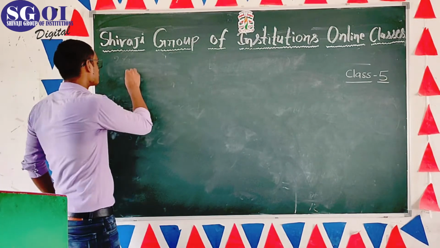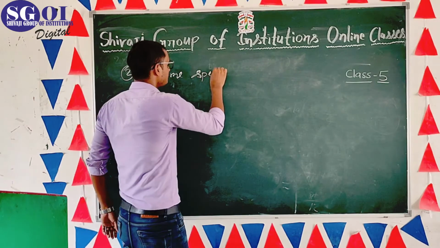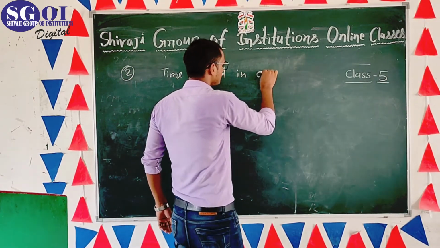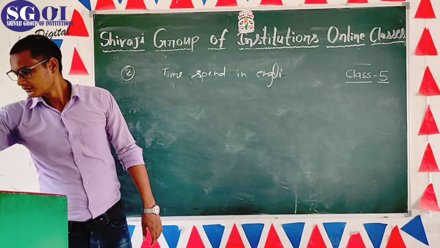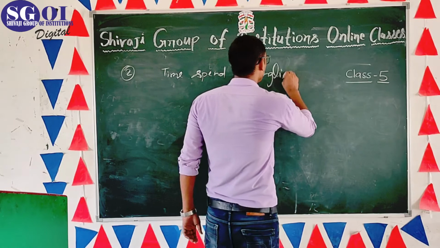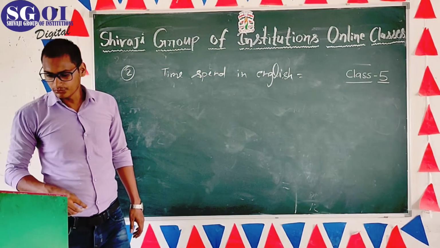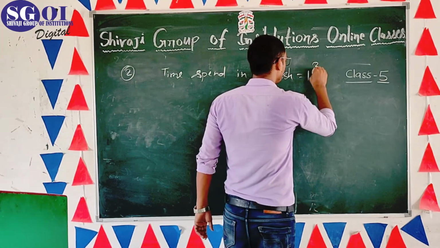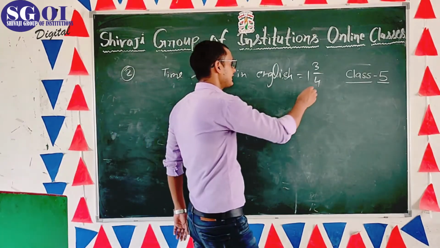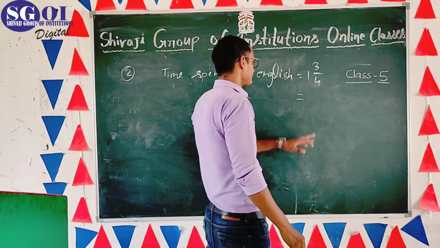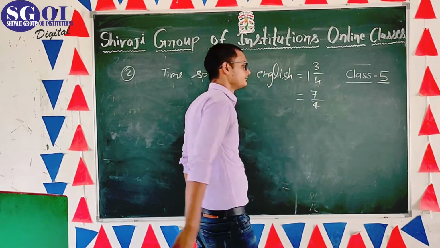Okay, sir. Question number 2. Time spent in English is equal to 1 whole 3/4. Now we will change this fraction into improper fraction. 4 ones are 4 plus 3, 7/4.